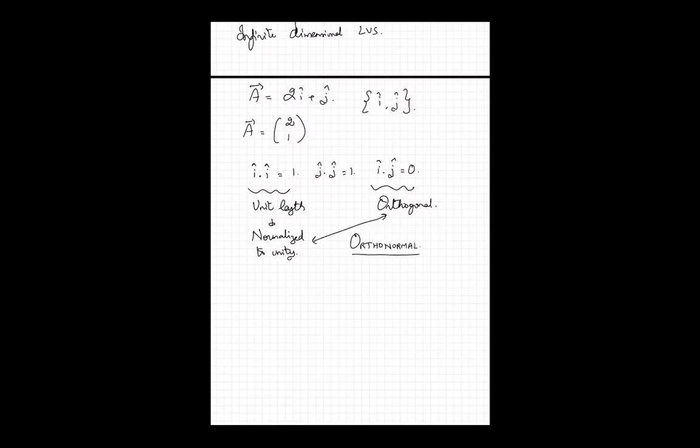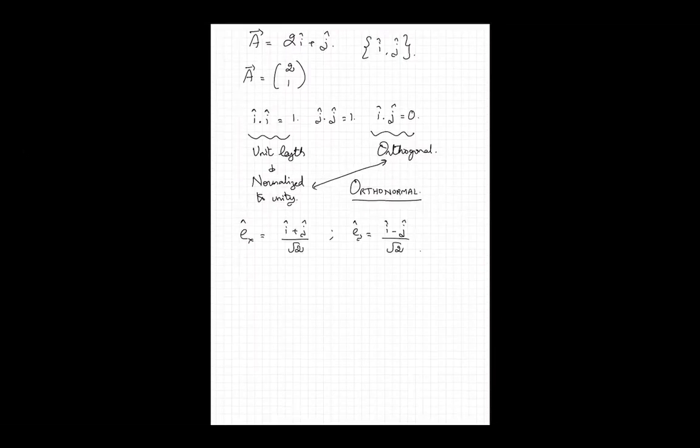The basis vectors are orthogonal to each other and are all normalized to unity. So any set of vectors that are orthogonal to each other and normalized to unity can be considered as basis vectors. For example, I can think of some linear combination of i and j like this. This is not something that you normally use, but these are also a set of orthonormal basis vectors.